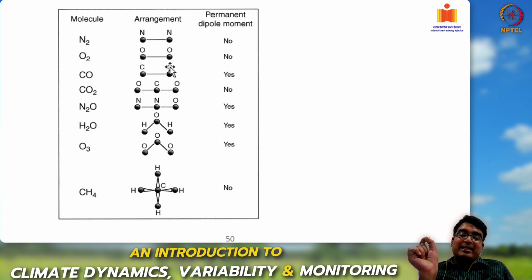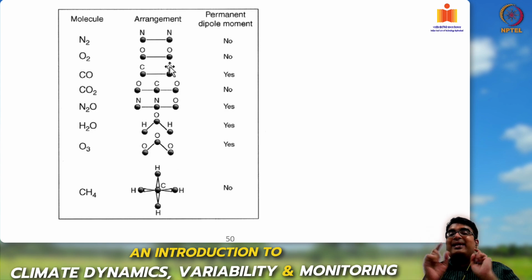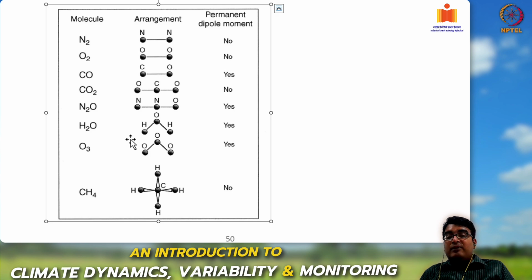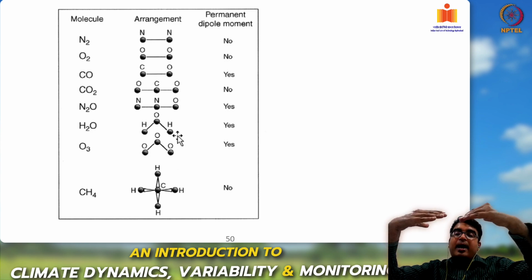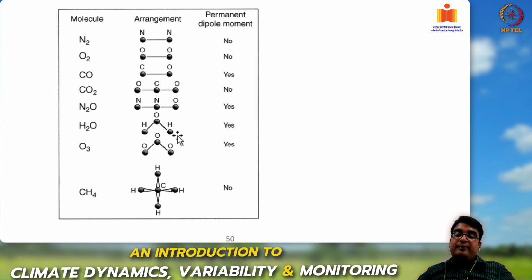So it acts as a plus-minus charge distribution and hence has an asymmetric charge distribution, which means the molecule has a dipole moment. Carbon dioxide is symmetric about the carbon atom and hence does not have a dipole moment. Nitrous oxide has a positive side and a negative side, N and O, so it has a dipole moment. Similarly, water vapor also has a dipole moment, with positively charged H atoms on one side of the wedge and the negative oxygen atom on the other side.